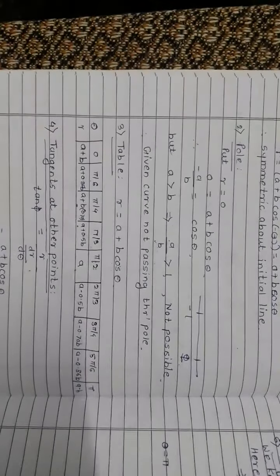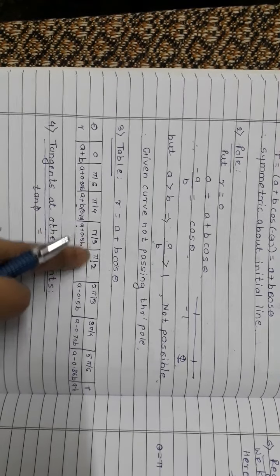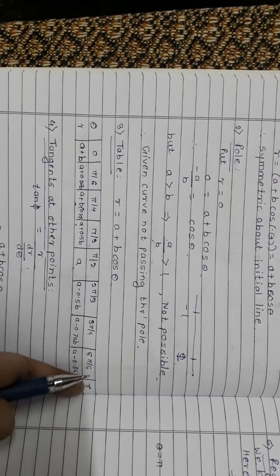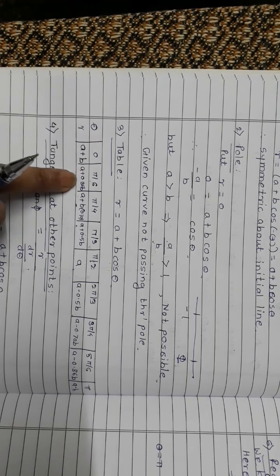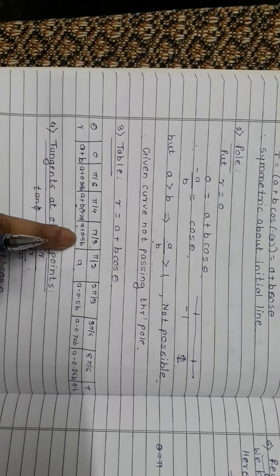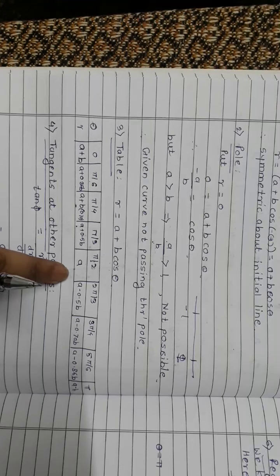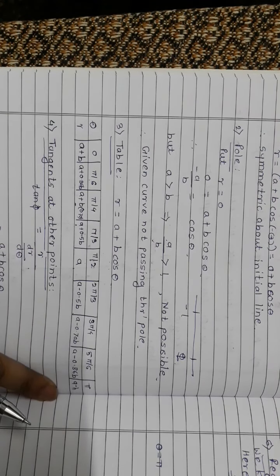In the table, what you have considered, starting from 30, 45, 60, 90, continue up to pi. Note that here the first value is a plus b, and the second value is a little bit less than this, the third value again less than this, the fourth value again less, the fifth value less than this. So this is continuously decreasing, right?